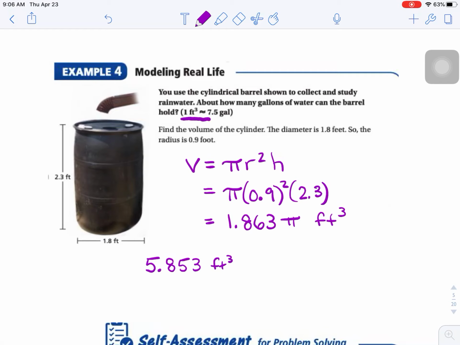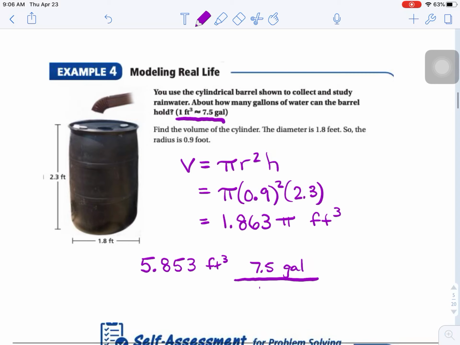Then I want to take this information they gave me up here, where I know that 7.5 gallons matches with 1 foot cubed, so that in the end my units of feet cubed cancel out, and I'm left with gallons. So if we multiply that number times 7.5, we get about 44 gallons. So we know that the barrel can hold about 44 gallons.